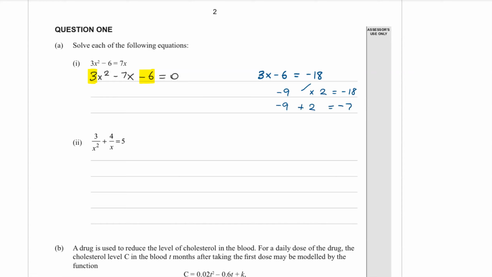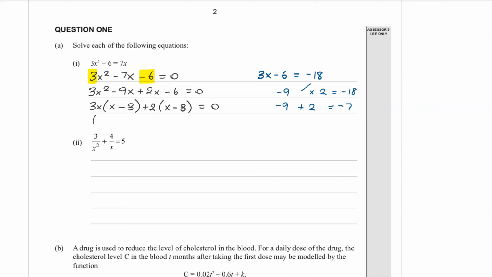So I can rewrite this now as 3x squared minus 9x plus 2x minus 6 equals 0. Now we factorize in groups, so I'll factorize the first two terms. If I take 3x out as a common factor, I'm left with x minus 3. And if I take 2 out as a common factor, I'm left with x minus 3.